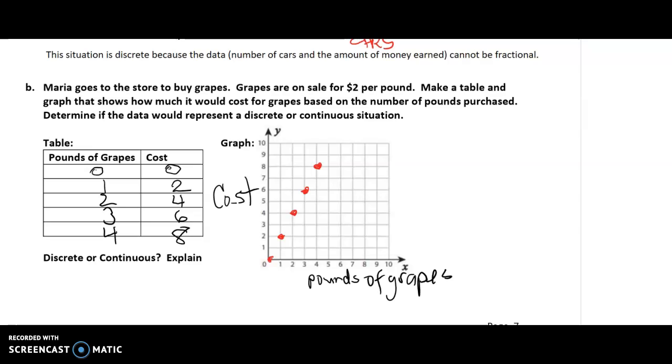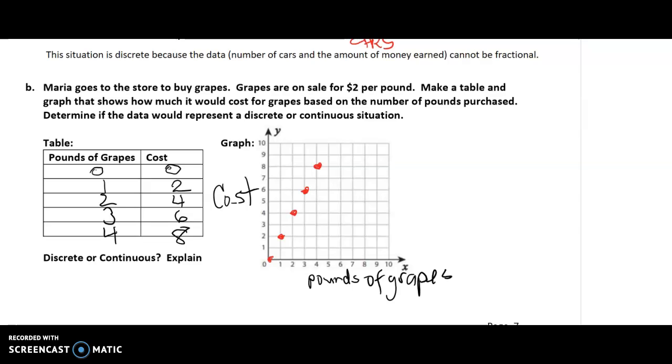Again, the independent variable, the pounds of grapes, is along the x-axis, while the dependent variable, the cost of the grapes purchased, is along the y-axis. Now again, we have to decide, should we keep those points unconnected, or do we need to connect them?